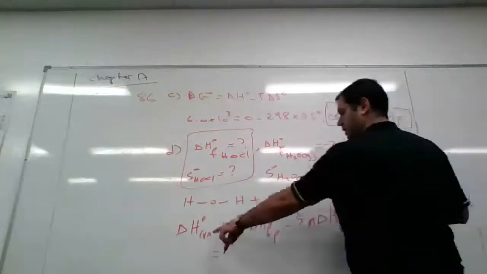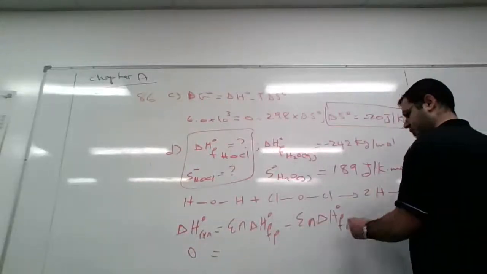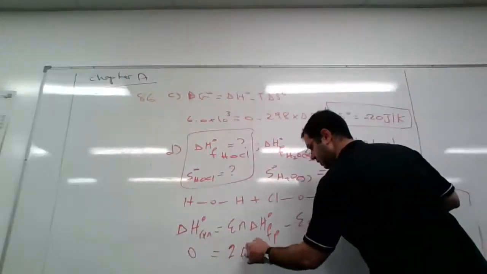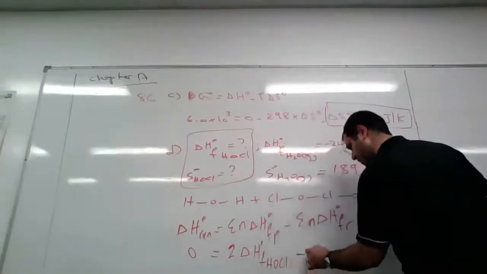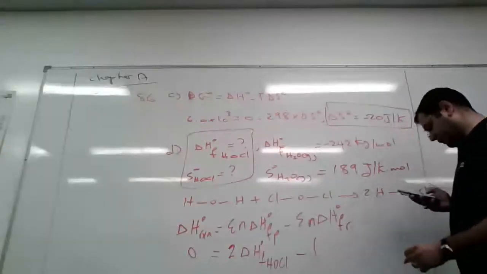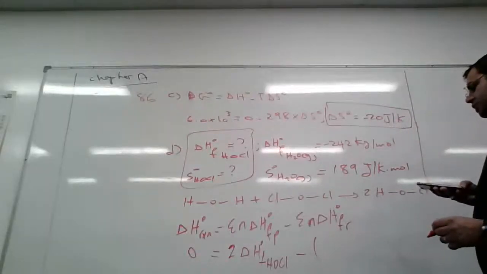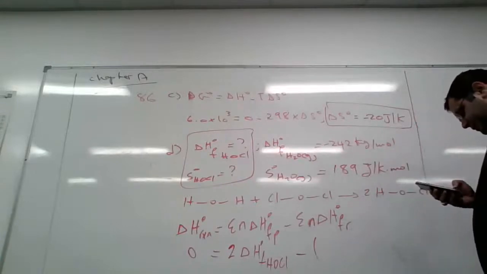This is 0, right, we calculated that already. Formation of product is 2 times delta H formation of HOCl, the one that I want, minus. For H2O, do you have it? Yes, I just gave it to you now. Right?